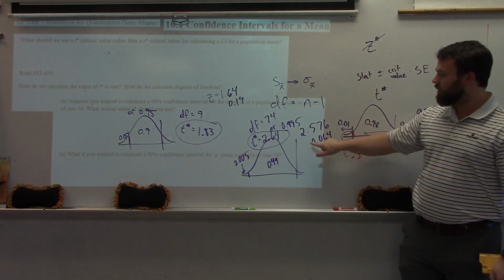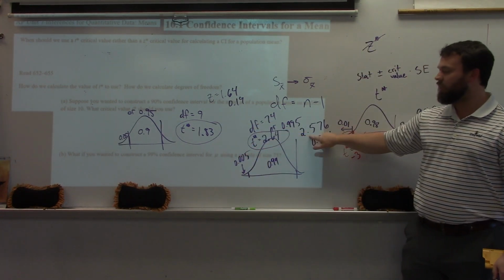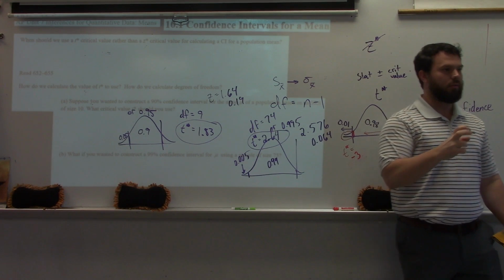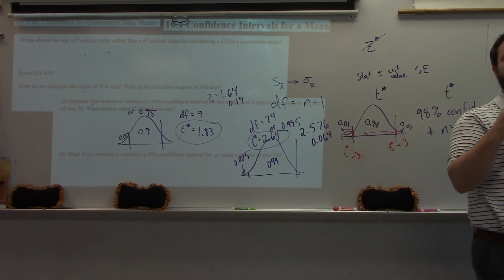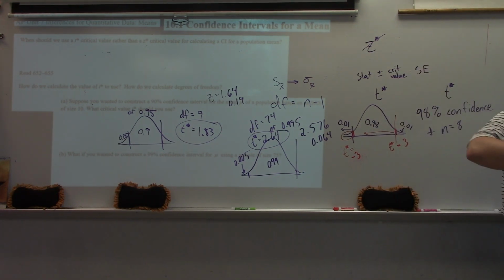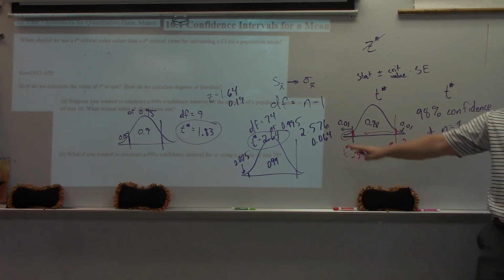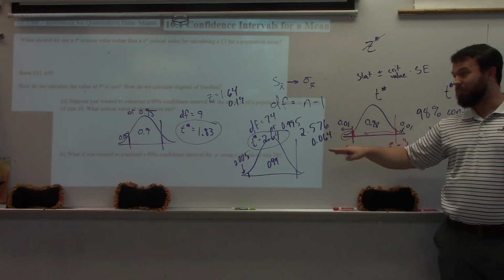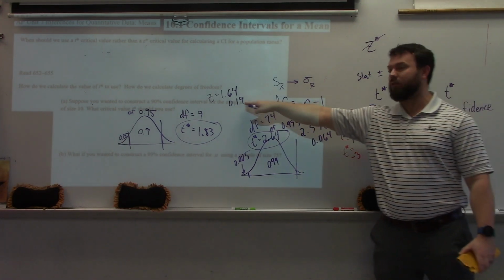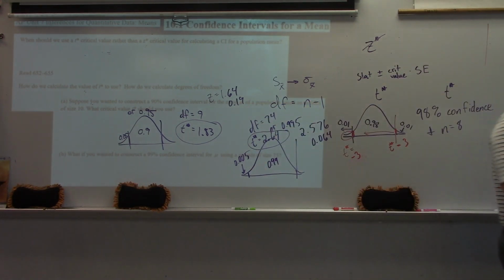But as my degrees of freedom increase, the z and t become much closer, because there's less variability, less spread when my sample size increases. That's all I wanted us to understand. They're apart, but not nearly as much. It's like a third of what this was.